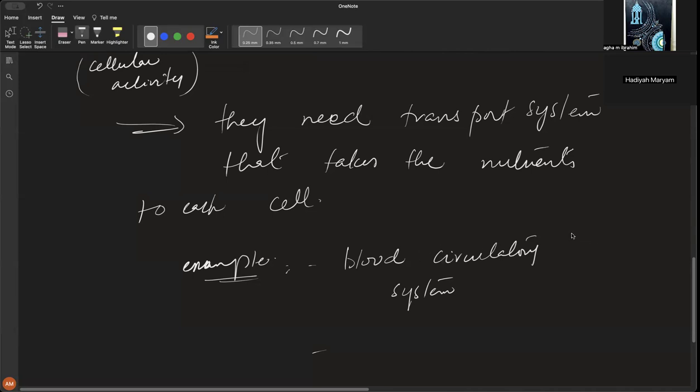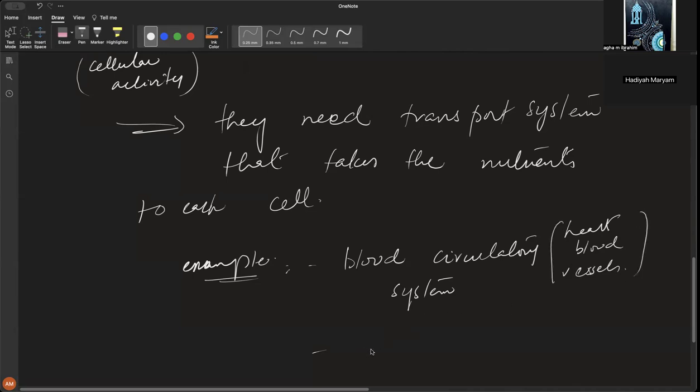And this blood circulatory system has many components like the heart, blood, vessels, right? These are the components.